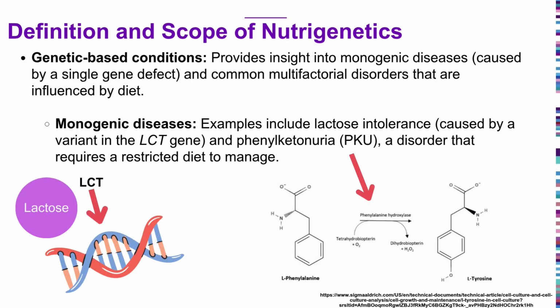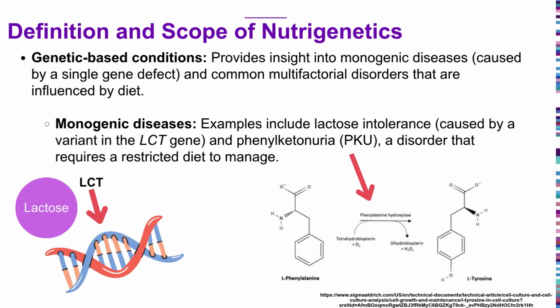Other core topics in nutrigenetics include genetic based conditions. In the case of monogenic diseases, or diseases caused by variations in one gene, an example is lactose intolerance, which is caused by a variant in the LCT gene. The LCT gene provides the instructions for making the enzyme lactase, which is necessary for digesting lactose, the sugar in milk.